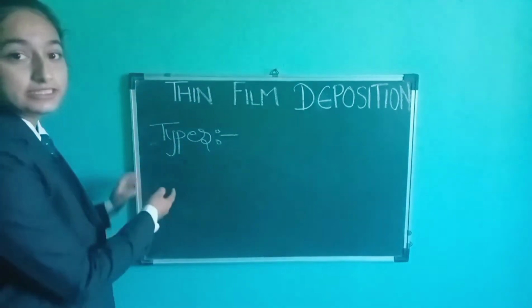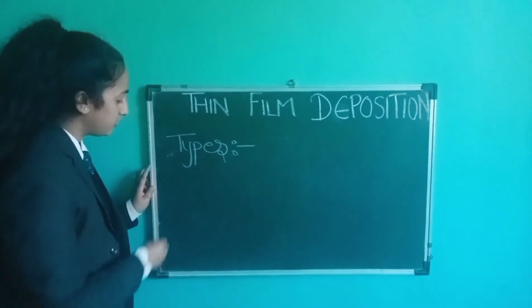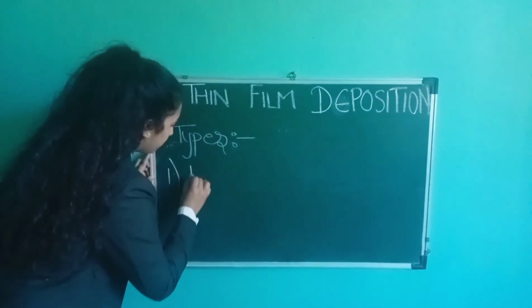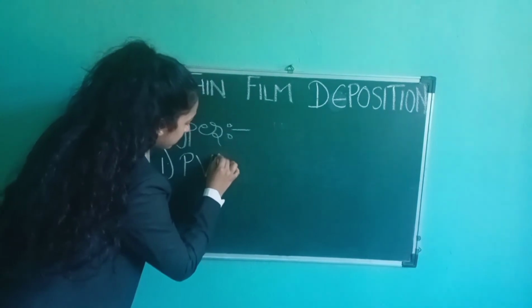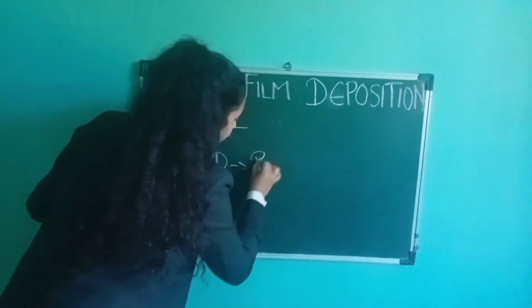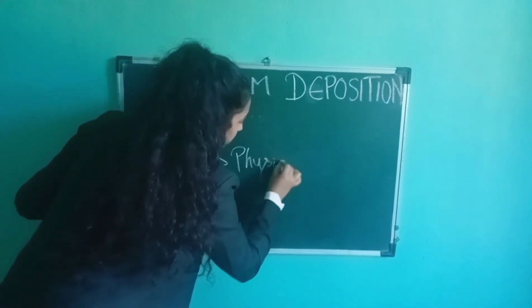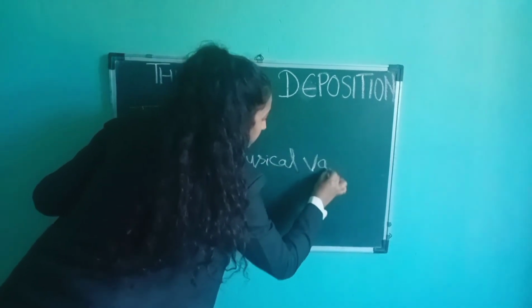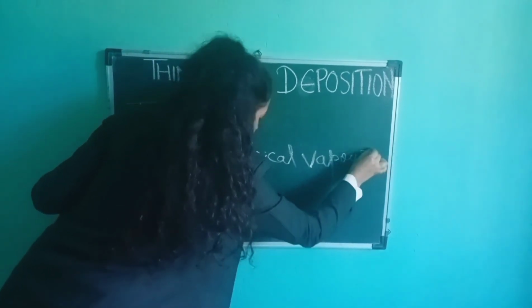Now let's see the types of thin film deposition. Number 1, PVD, physical vapor deposition.